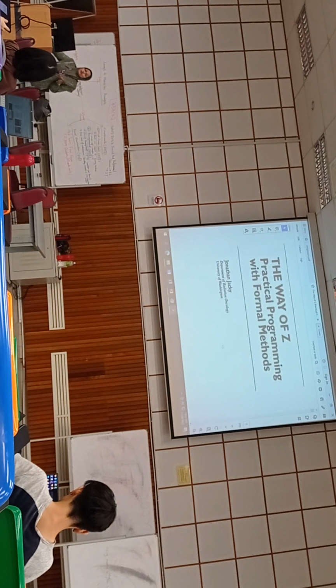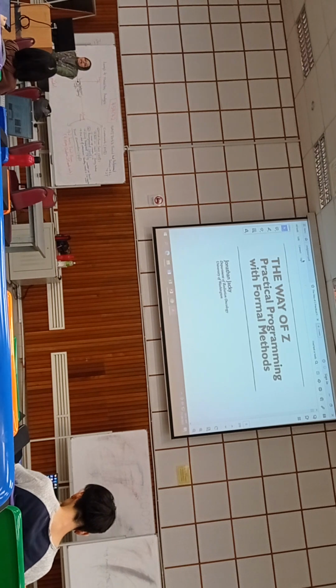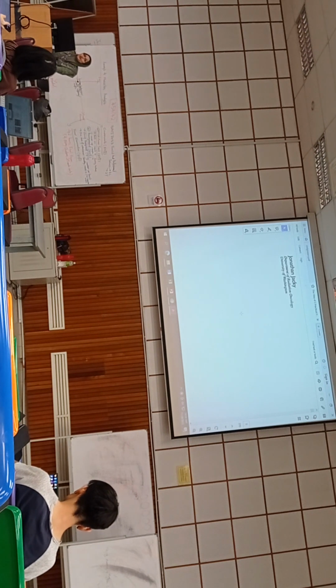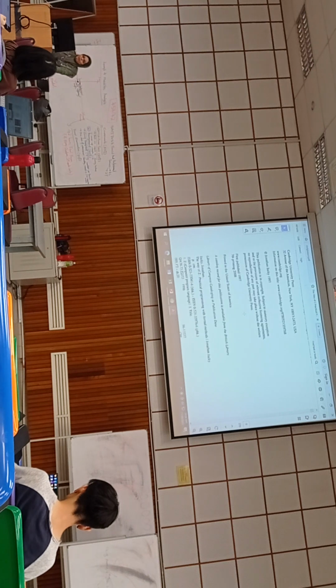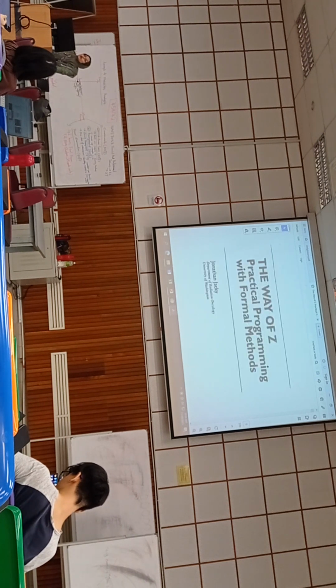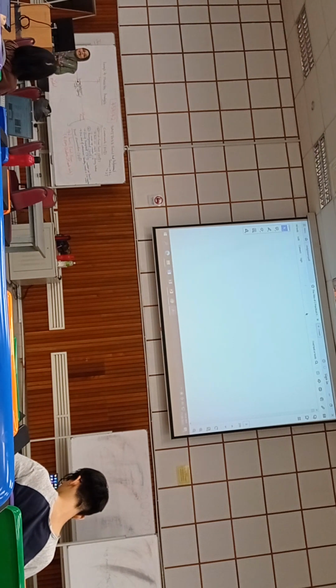You will find other books in the library too; there are hard copies in the library if you want to look at them. But The Way of Z is a good book to refer to. It's from 1997, a very old book, but it's very good at explaining what the Z language is and how to start with Z.